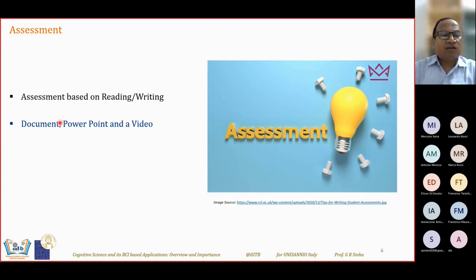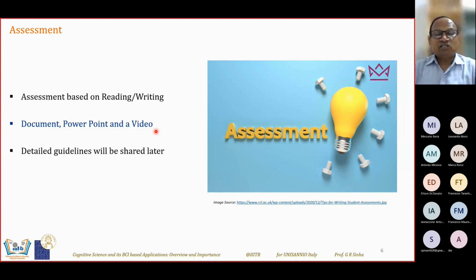And the second assessment will be where I would require from you a document you can create. You can make a PowerPoint, and then you can also record a video and submit it to me. I'll be giving you the topics and the learning materials by which you can easily do it. Again, as I'm mentioning, it's not compulsory, but for those who do it, I can promise that you would be learning, especially research paper writing.